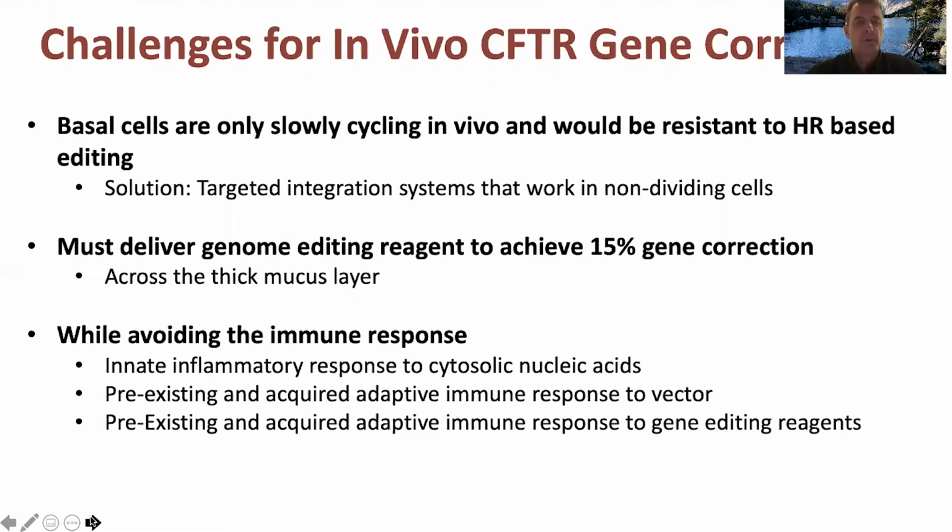And we must be able to deliver those systems with enough quantity to achieve that 15% gene targeting or gene correction. And the delivery has to occur across, obviously, the thick mucus layer or some way of getting rid of that layer to deliver the editing reagents.